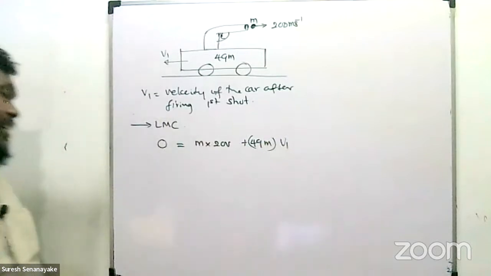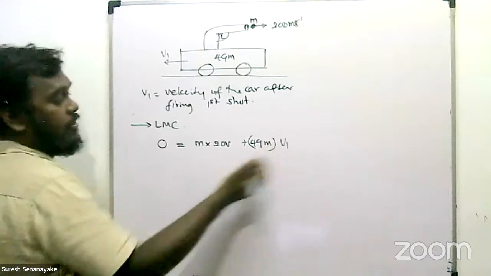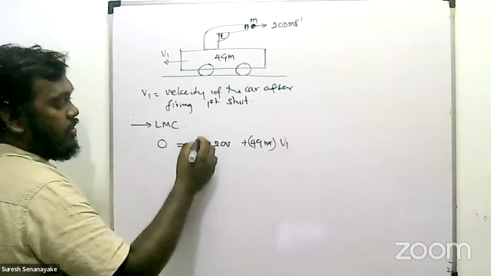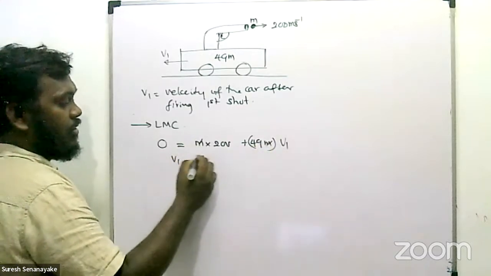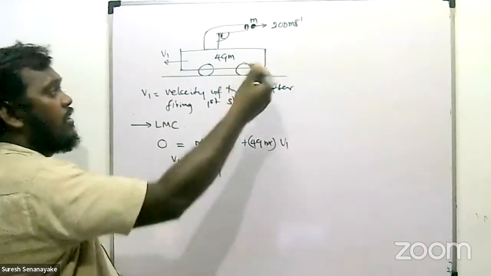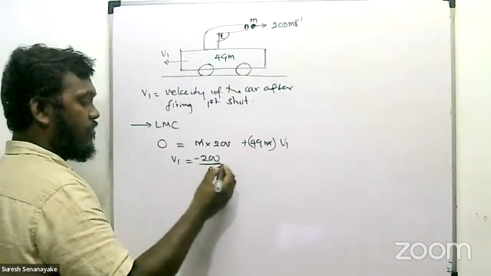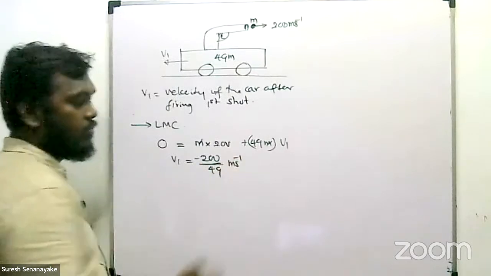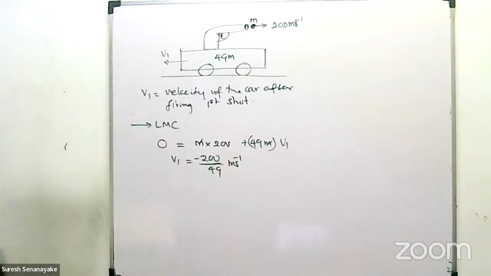The m cancels, so v1 is minus 200 divided by 49. That means the car moves backward. We get a negative value.